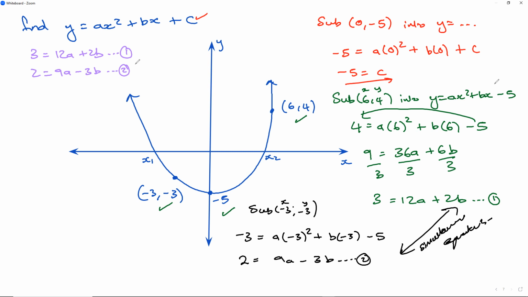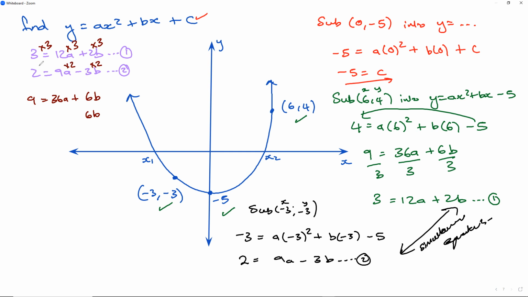Using the process of elimination, I could now try to get the coefficients of either a or b the same. If I multiply this by 3 and I multiply this by 2, then I'll end up with 6b and 6b. Multiplying by 3, I would end up with 9 equals 36a plus 6b.